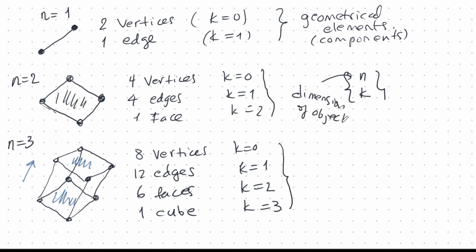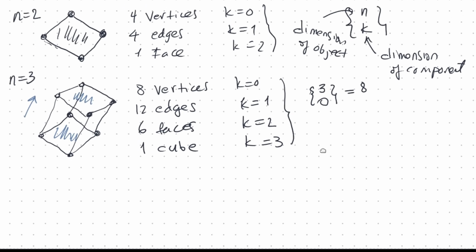And here's the dimension of the component. So for the case of the cube, I can write all these things down, all right? So cube is 3, dimension is 3, and how many vertices? Well, vertices are the 0-dimensional components, and there's 8 of these.